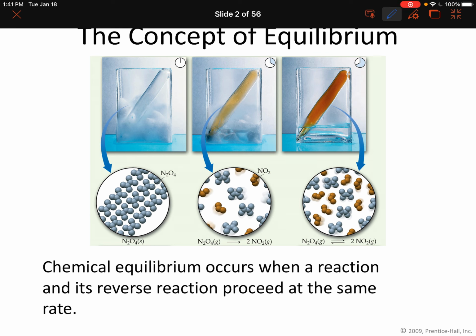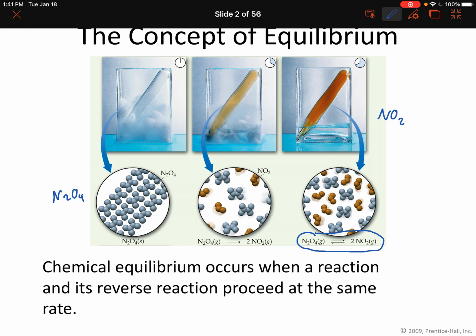What's happening in this picture is we're looking at a reaction between N2O4 and NO2. Here's the reaction, N2O4 making NO2, and N2O4 is a clear gas, whereas NO2 is a kind of rusty orange color.